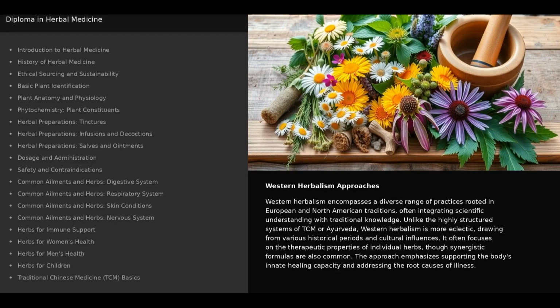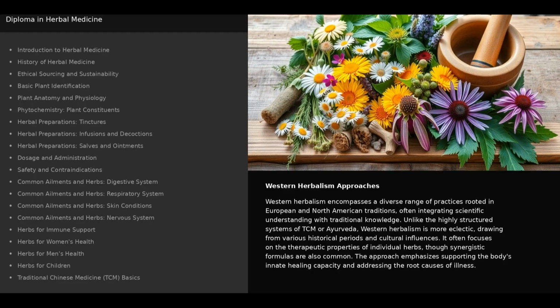Western herbalism approaches. Western herbalism encompasses a diverse range of practices rooted in European and North American traditions, often integrating scientific understanding with traditional knowledge. Unlike the highly structured systems of TCM or Ayurveda, Western herbalism is more eclectic, drawing from various historical periods and cultural influences.